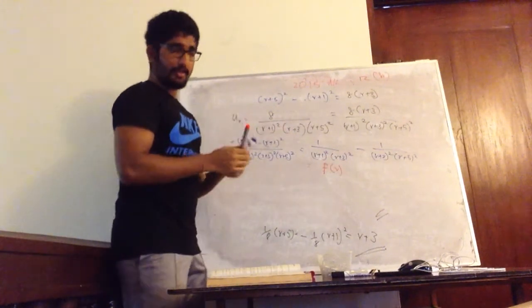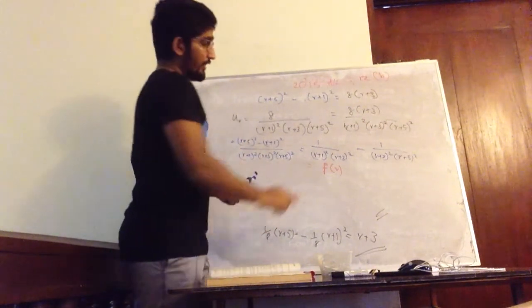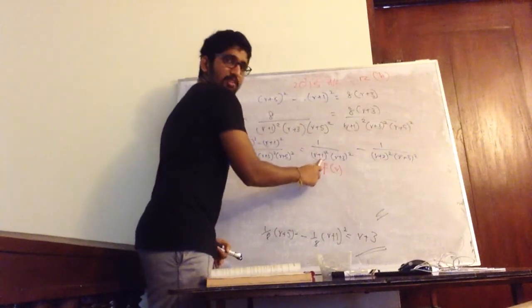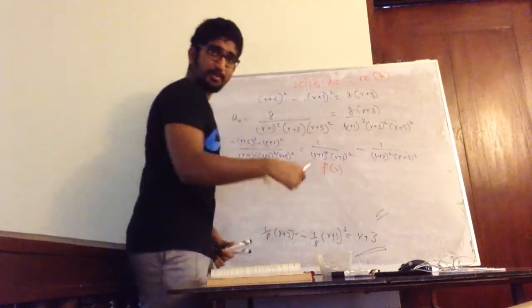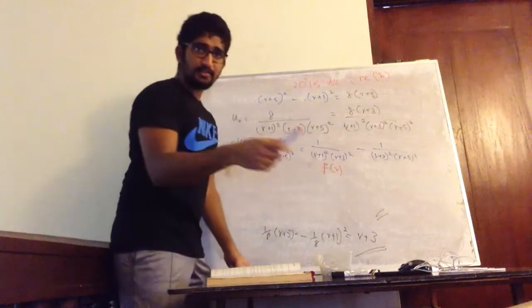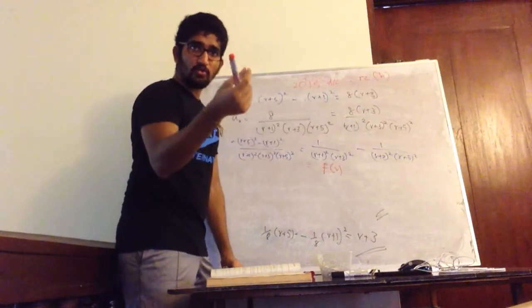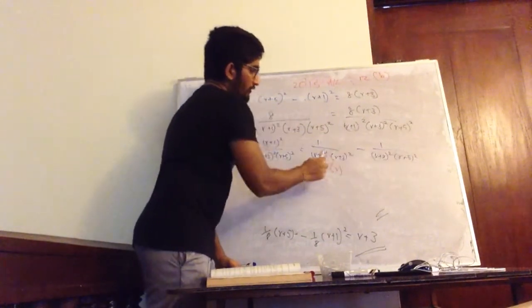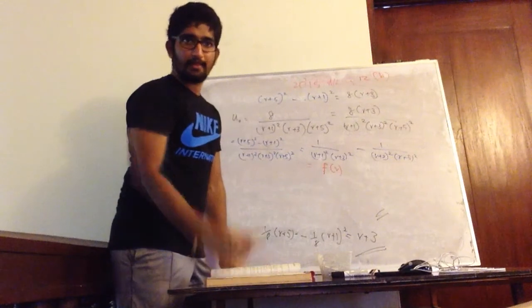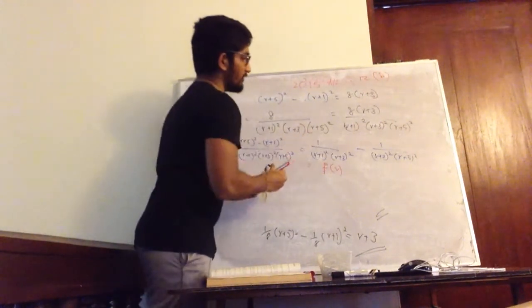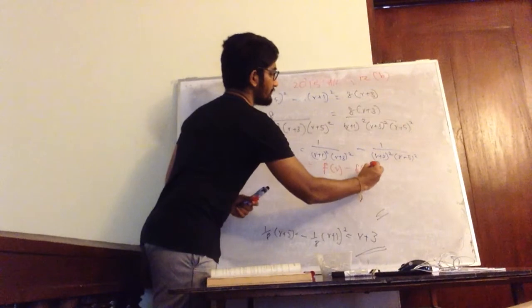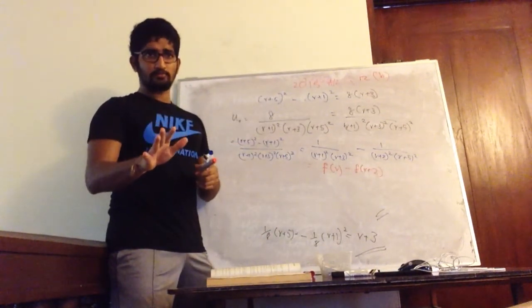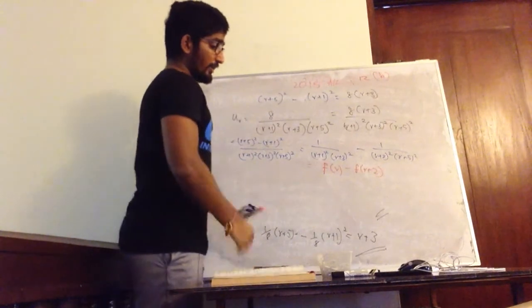If this is f(r), comparing, this is r + 1, this is r + 3. So 1 has become 3, 3 has become 5, which means 2 is added. So this will be f(r) minus f(r + 2).